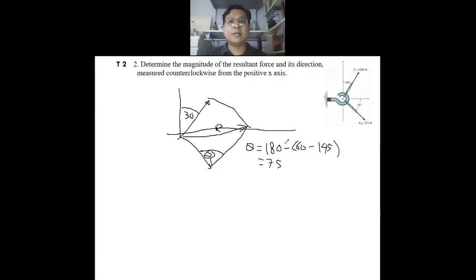So 180 is total in the half of circle, and then 60 comes from within the x, this one x and the angle of this one, and then 45.